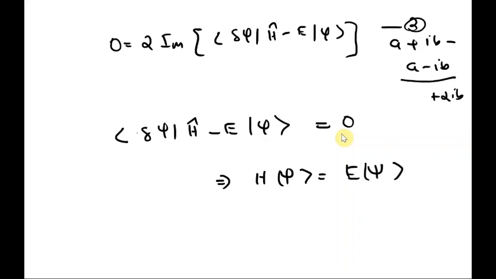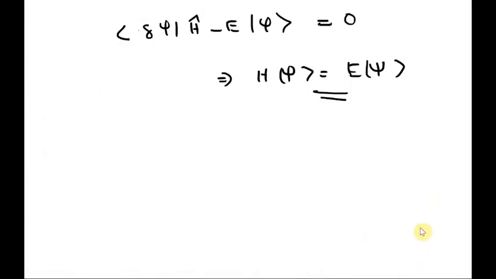That's your Schrödinger equation. So what we have done now is taken δE = 0, and we have shown that it is equivalent to your Schrödinger equation of this particular form.